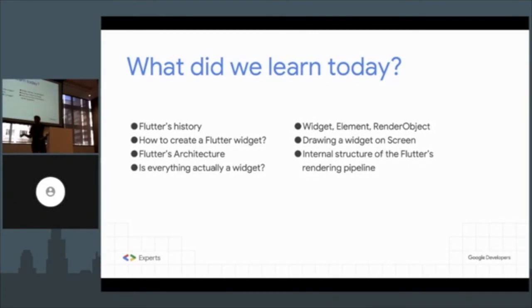So once someone asks you if everything is a widget, you can say no. There are widgets, elements, render objects, semantics, and many more out there. We have seen how the drawing mechanism is working, how the communication with the GPU works overall, and how the round trip is happening. And lastly, we have seen the internal structure of Flutter's rendering pipeline.